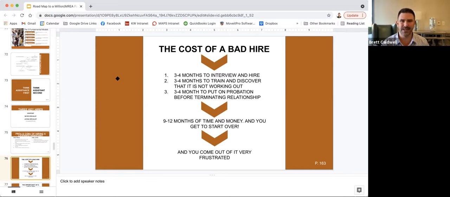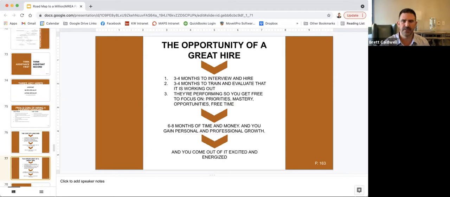And ultimately we get caught up in a downward spiral until we have to go back through the process of a good hire. Well, the opportunity of a great hire: 3 to 4 months to interview and hire that person, and then 3 to 4 months to train and evaluate. It looks the same, yet if they're performing, it frees you to focus on other things.